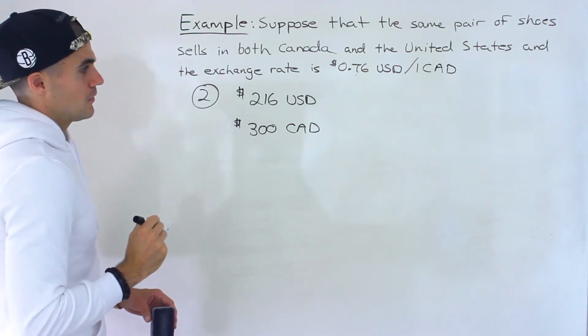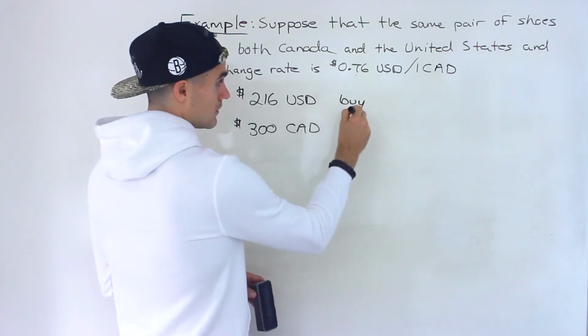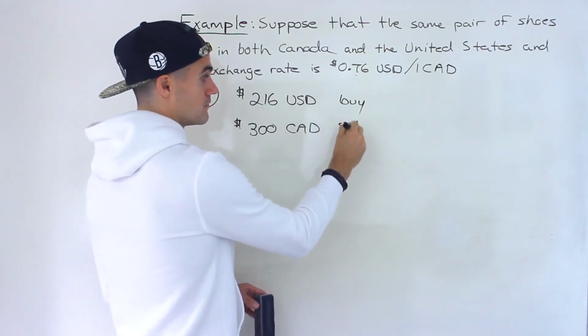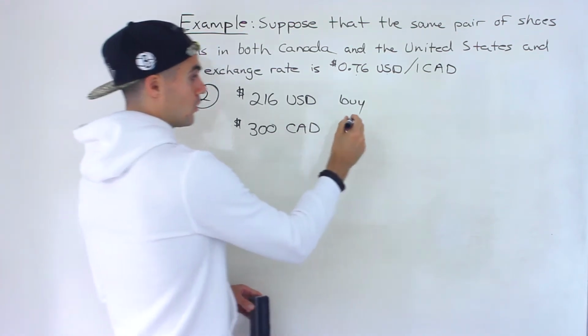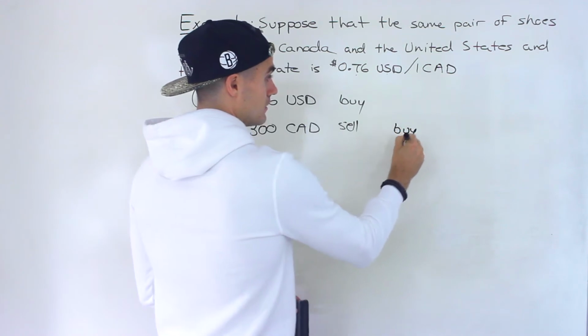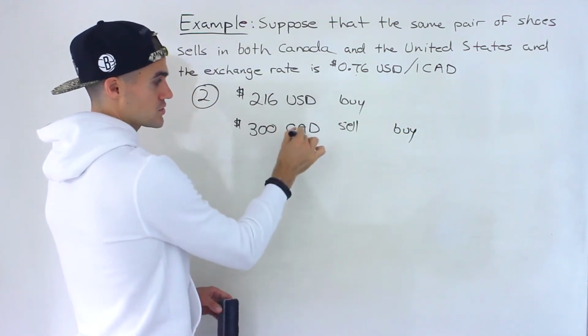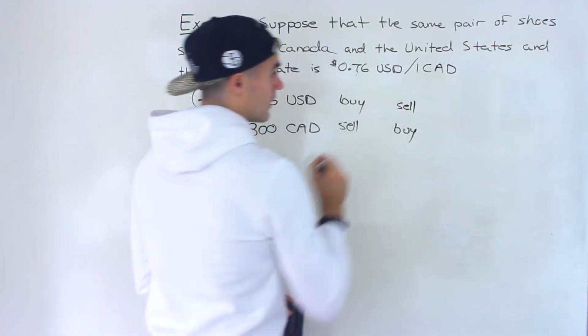And so what we want to do, we're either going to buy the USD shoes and then sell them in Canadian, or we're going to buy the Canadian shoes. It's the same shoes, just in CAD we're going to buy them, and then we're going to sell them in USD.